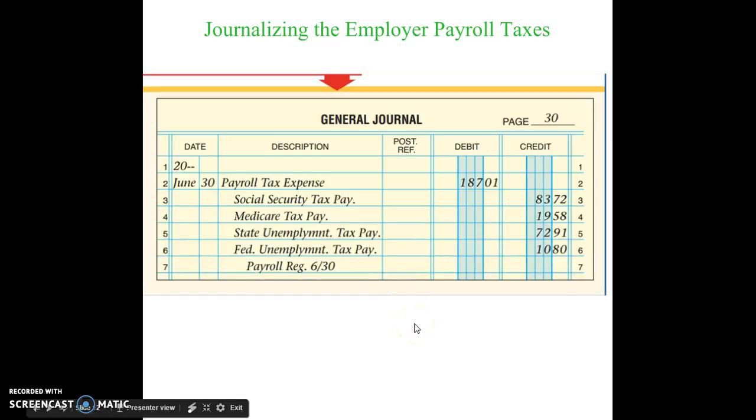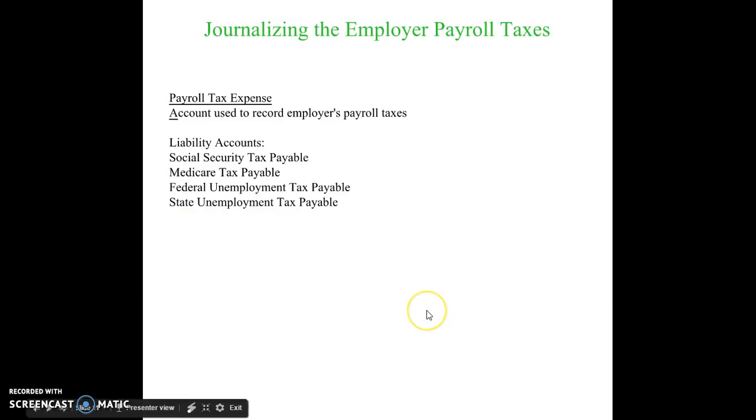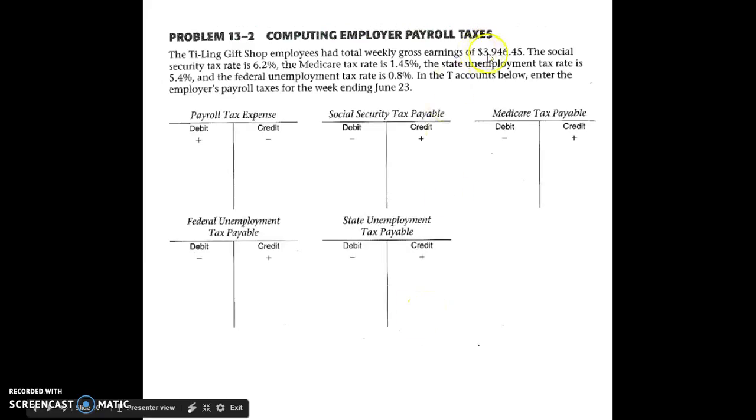Here's an example of the employer payroll tax transaction. In this case, on June 30th, we have a payroll tax expense of $187.01. And actually, I need to back up here because I did make a mistake. This is the amount of the salaries expense that was paid for problem 13.2.